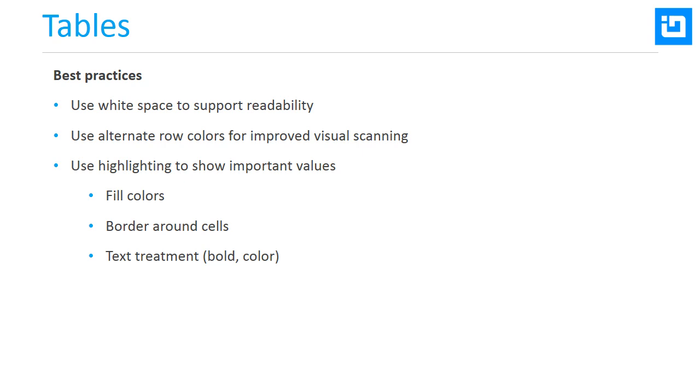And there are different ways you can do this. You can use different fill colors, where you fill the cells with different background colors. You can also use a border around the cells. You can use text treatment, for example, bolding the text or using a different font color. And obviously you can do all of this not only on the cell level, but you can also do this to highlight a row or a column.